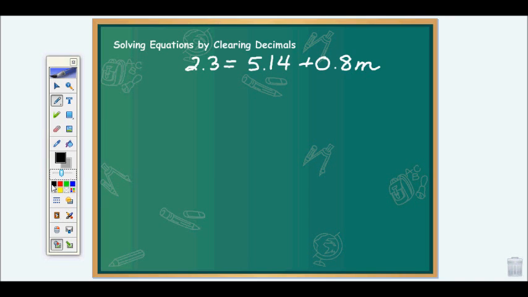So I'm going to use 2 digits. I want to get them out of fractions, so I'm going to use the value of 100 because the greatest decimal value would be hundredths. So to clear those, I want to multiply everything by 100.